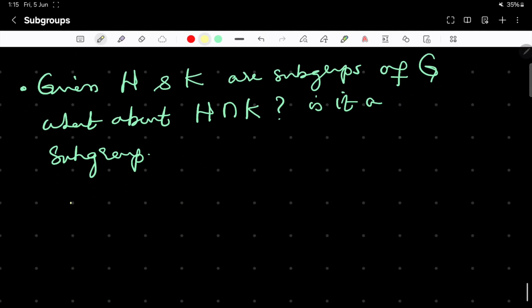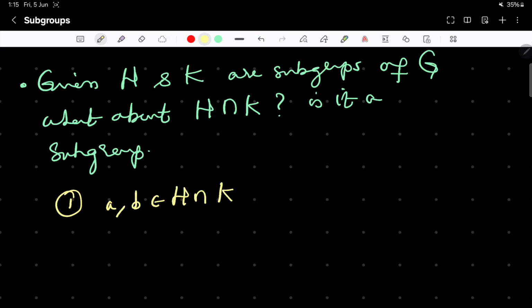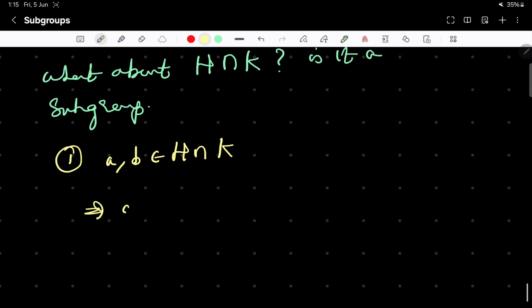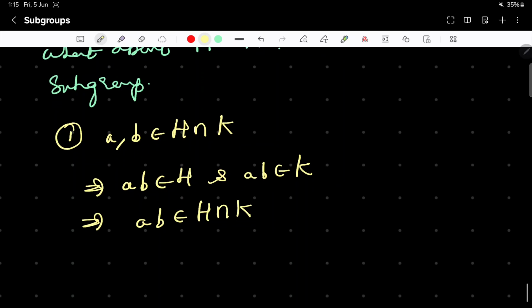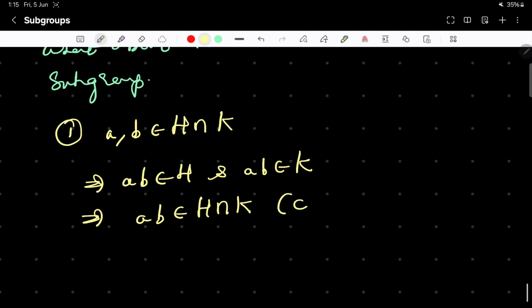Okay, so we have to prove the closure property, right? Let's take a, b from H intersection K. Since H and K are subgroups, ab is in H and ab is in K. That means ab is in H intersection K. So if you take two elements from H intersection K, the product is again in it, so the closure property is there.